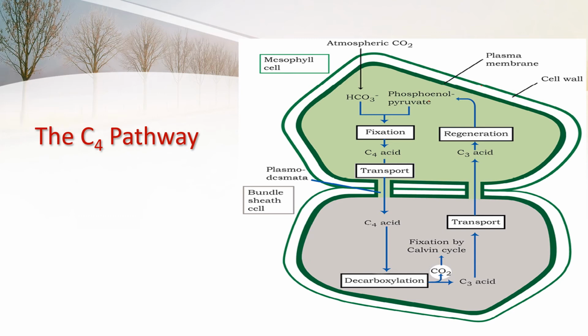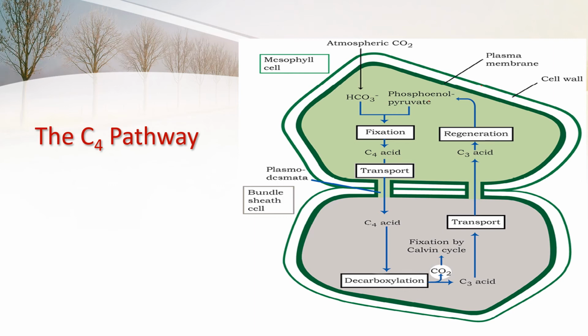This is formed in the mesophyll cells. Now this malic acid is transported to bundle sheath cells, and then it undergoes decarboxylation, and this releases a 3-carbon molecule.